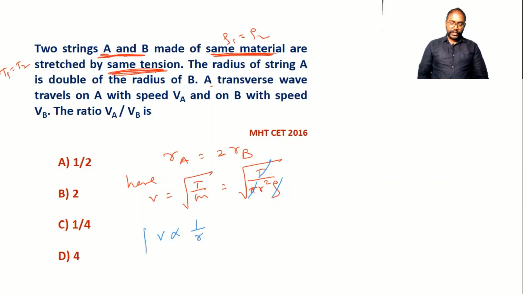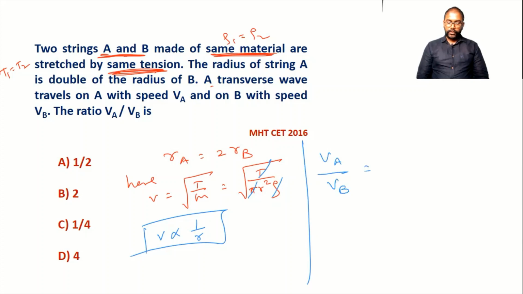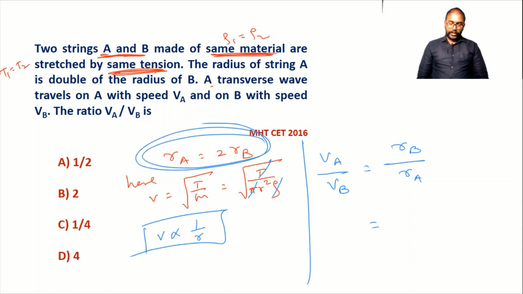So this relation we have to use. So speed of A divided by speed of B is equal to radius of B divided by radius of A, an inverse relation. So radius of B as it is, radius of A is twice the radius of B. So it gets cancelled, so 1 by 2 we get. And 1 by 2 is written in option A. So option A is the correct option for this question.